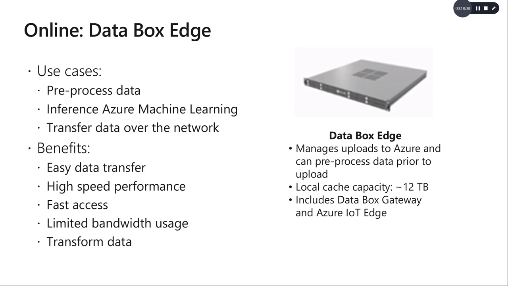The DataBox Edge transfers the full data set to the cloud to perform more advanced processing for deeper analytics. Processing data can be used to aggregate the data, analyze and react to IoT events, inferencing, Azure Machine Learning. And the benefits are easy data transfer, fast access, etc. Basically the same benefits, right?